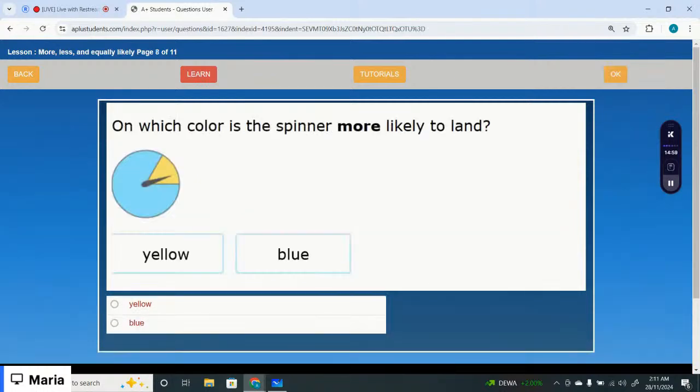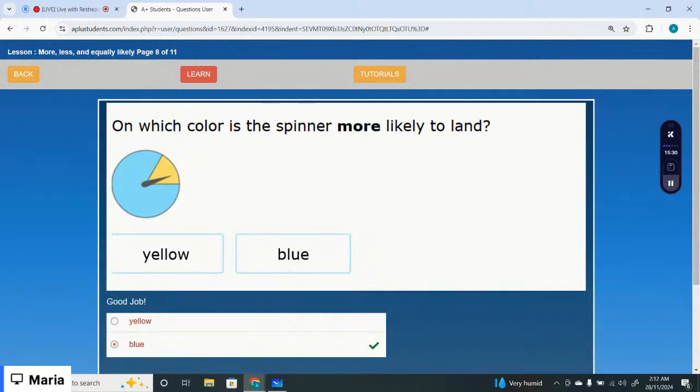On which color is the spinner more likely to land? It will be more likely to land on blue. Option number 2 is the correct option.